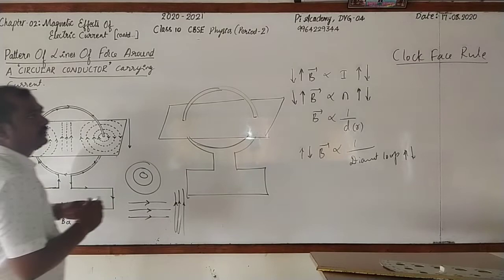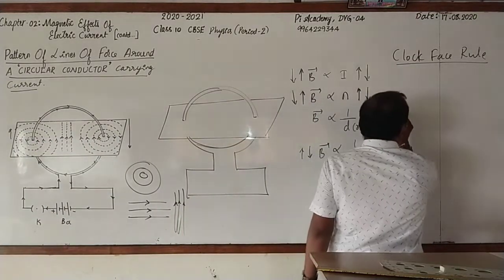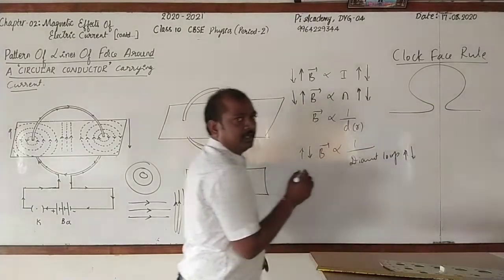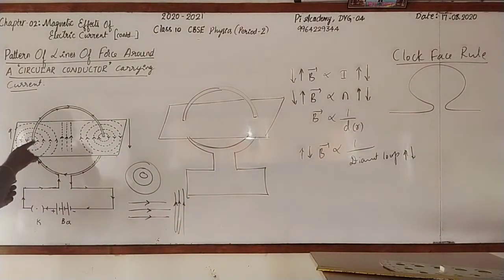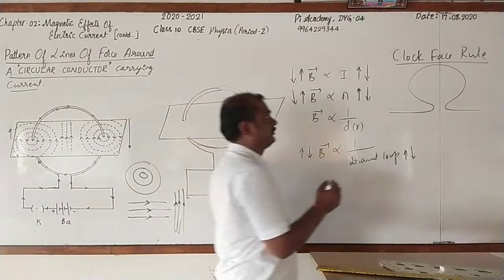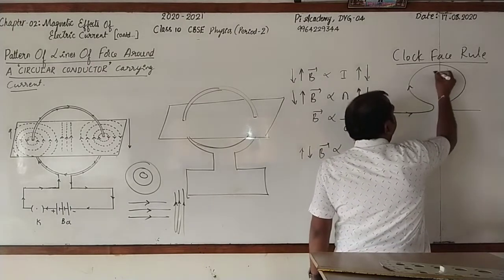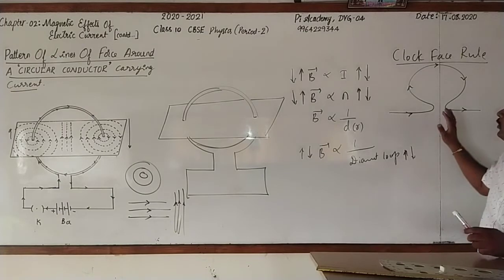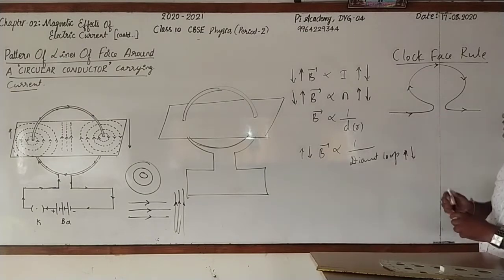Clear? So can I draw like this? In this way. Here, when you observe directly the circular conductor carrying current, in which direction is the current flowing? Yes, it is clockwise. Clear?